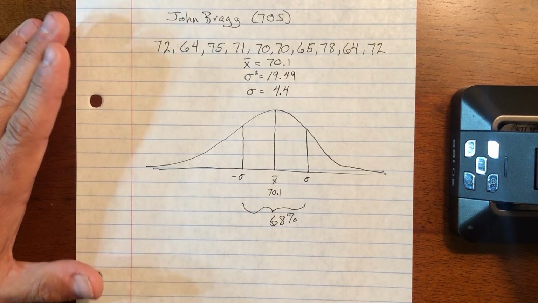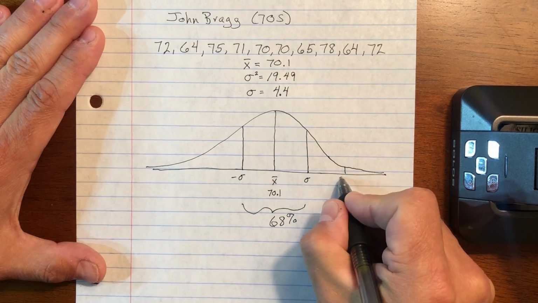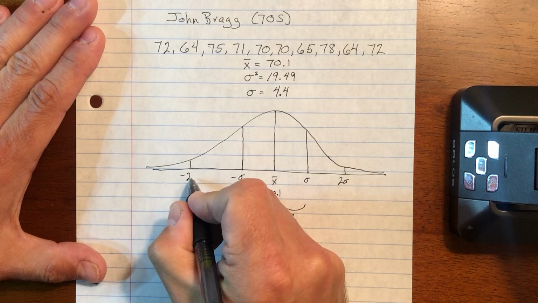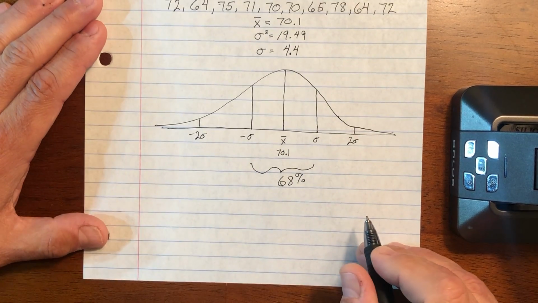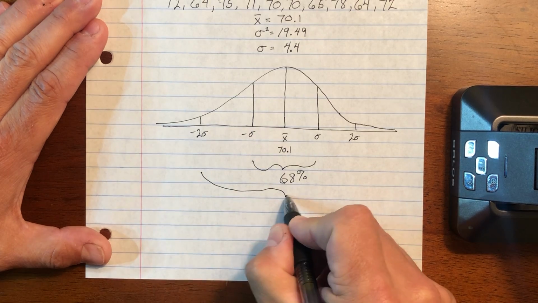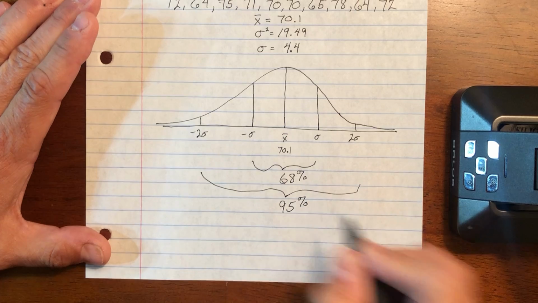If you go another standard deviation from the mean, all the way out to 2 sigma, and all the way out to negative 2 sigma, then from negative 2 sigma to positive 2 sigma is 95% of the data.